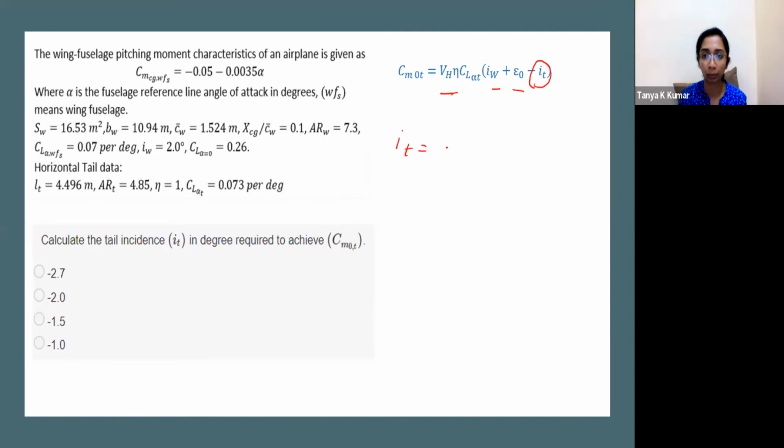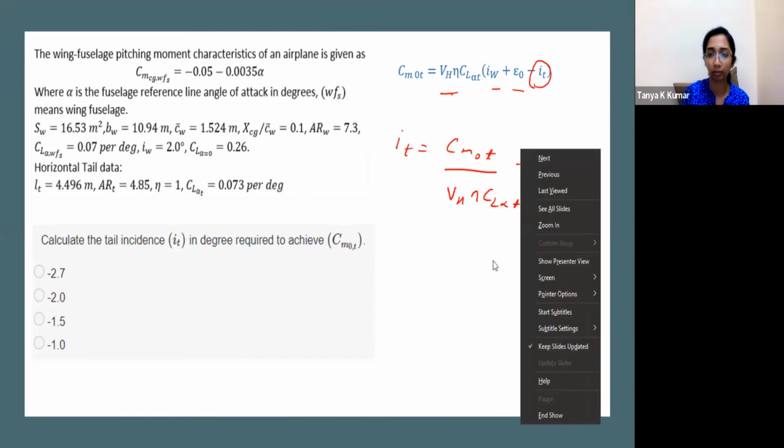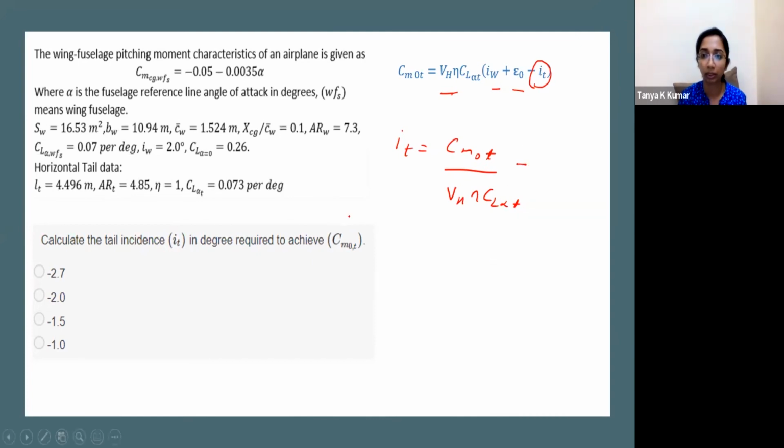So tail setting angle would be CM naught of tail by VH eta CL alpha tail, should have a negative sign, plus I wing plus epsilon naught.